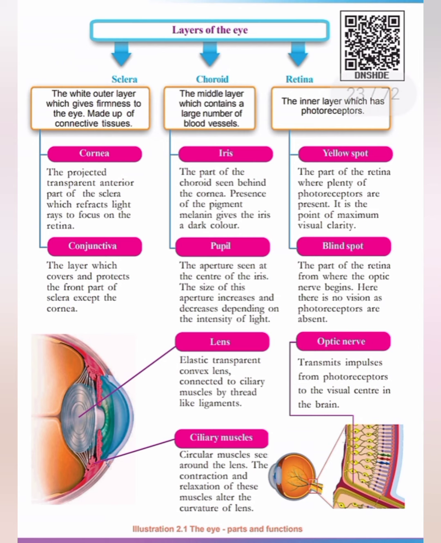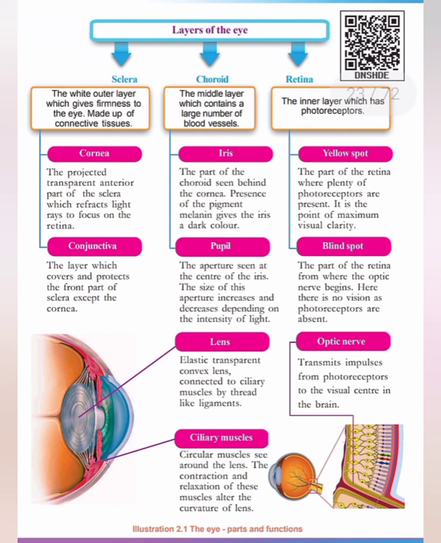Then comes the third layer of our eye, that is the retina. The inner layer which has photoreceptors. The part of our eye having photoreceptors is the retina. The retina contains the yellow spot and blind spot. The yellow spot is the point of maximum visual clarity.